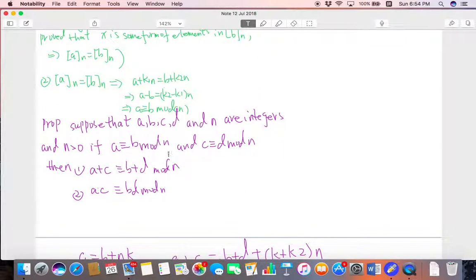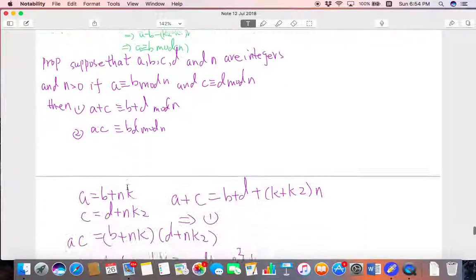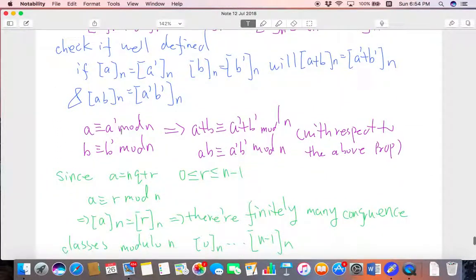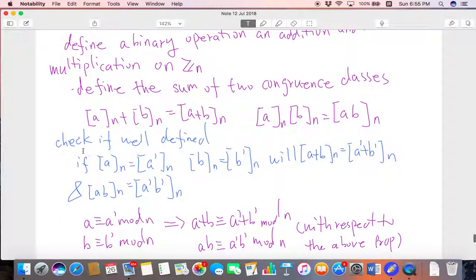If we have two congruent classes like that, and we add them together and multiply them together, the congruent relationship still holds. That's the second proposition, and we have applied that to prove that this definition is indeed well defined.